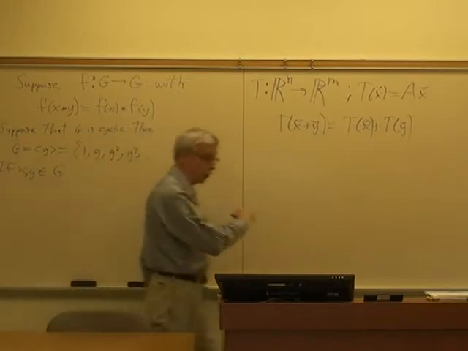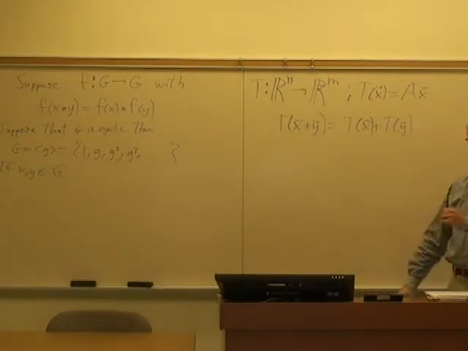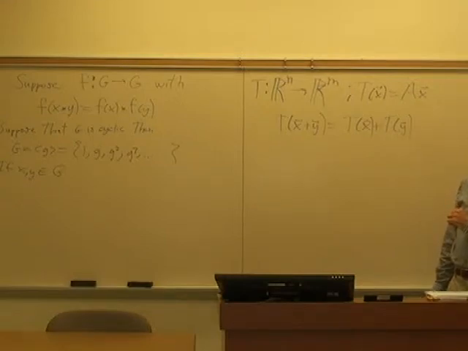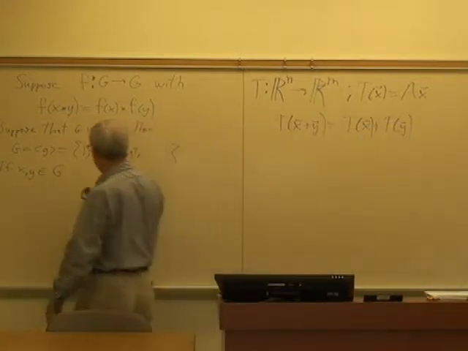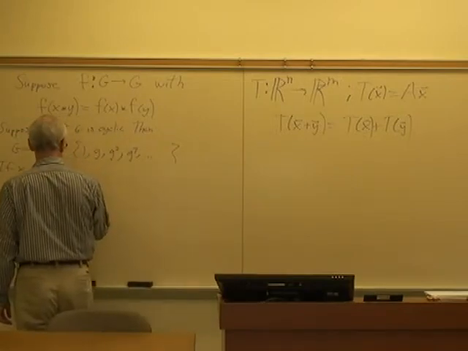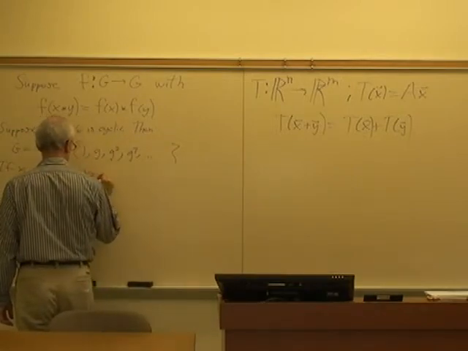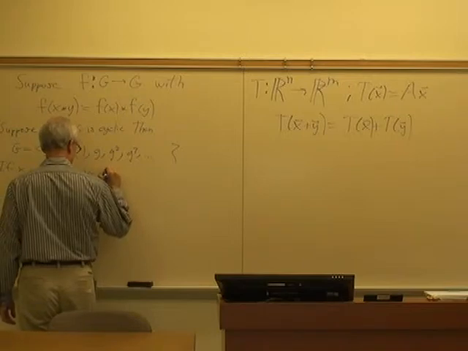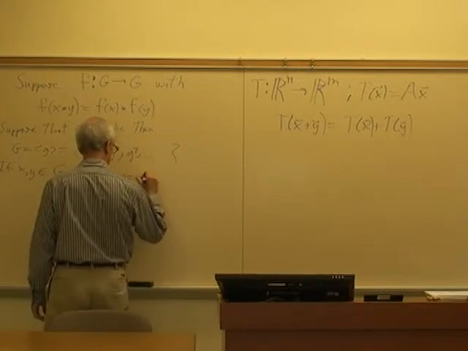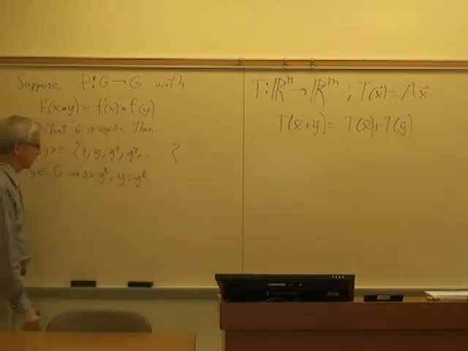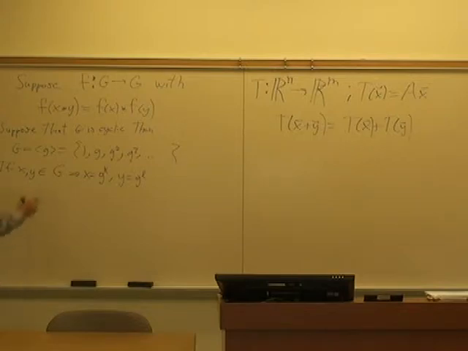So if x and y are two elements in the group, how can I write them? They're powers of g, right? So let's consider simply f of x.